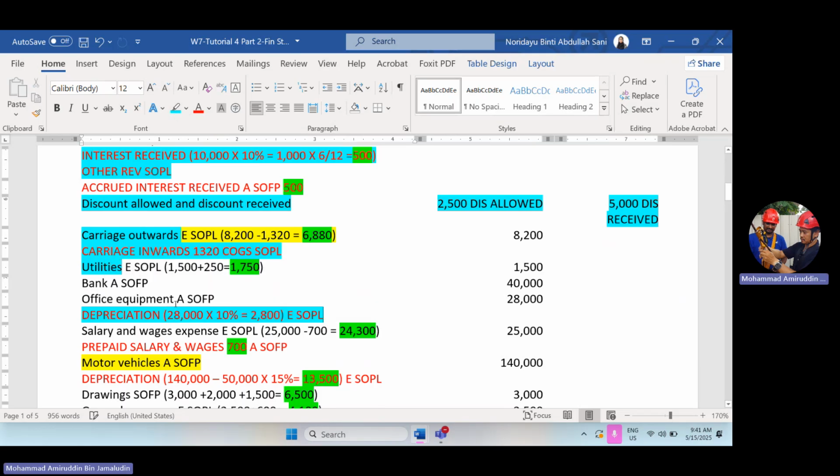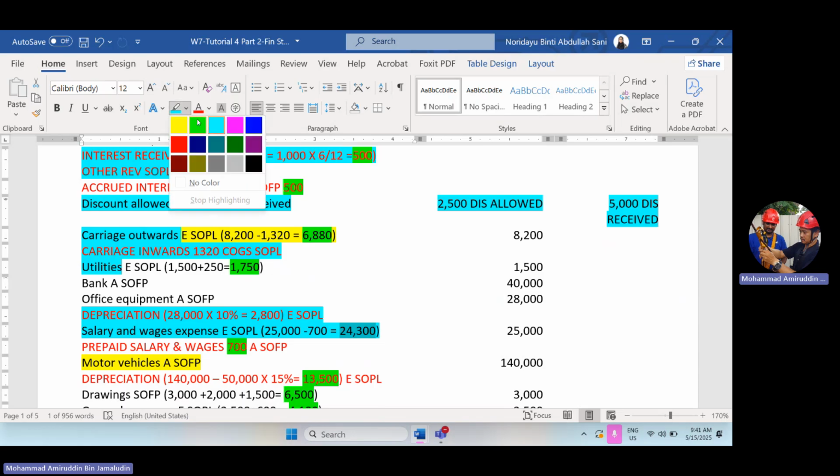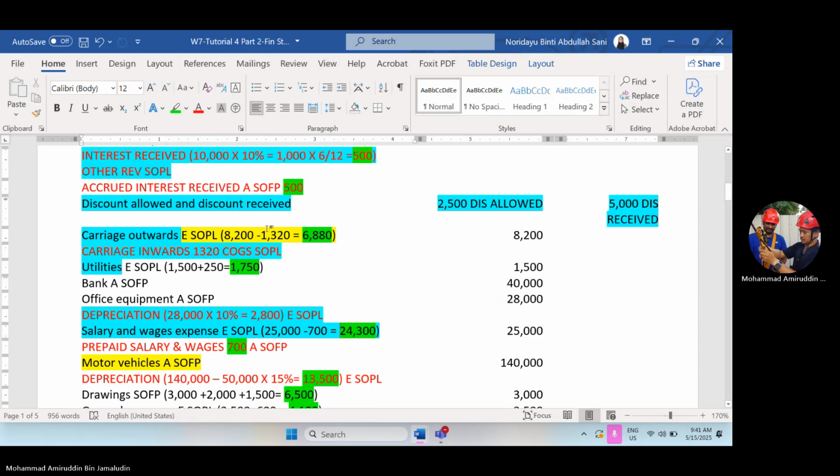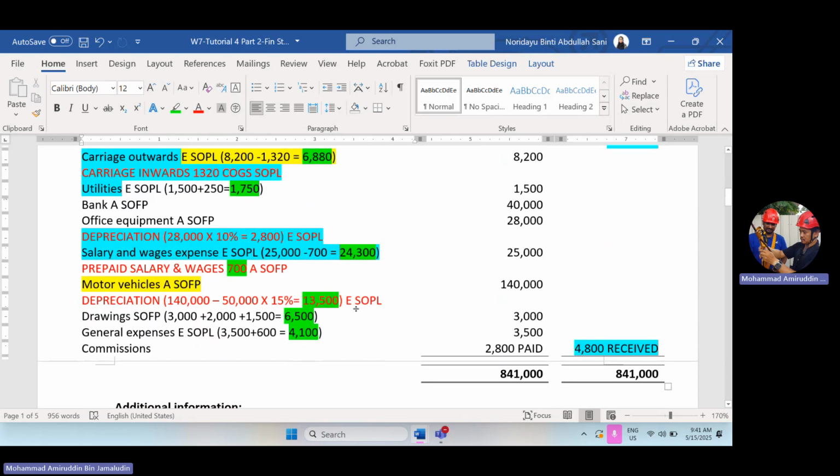I put like this. Can, the amount already changed. Actually, I want to highlight the amount so that we are not confused when we come to check any differences. Remember, salary and wages, 24,300. Next, depreciation. This one, another expense.